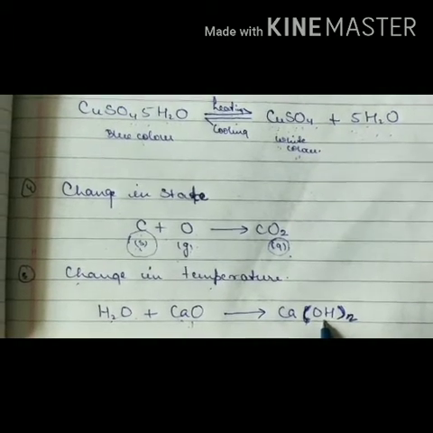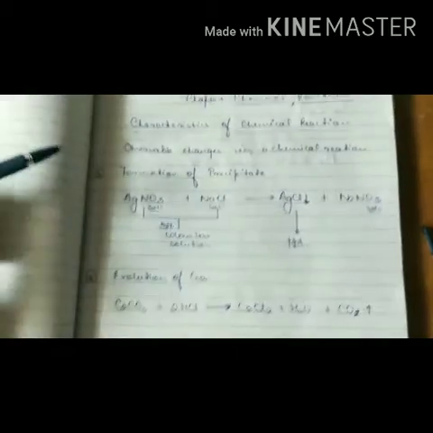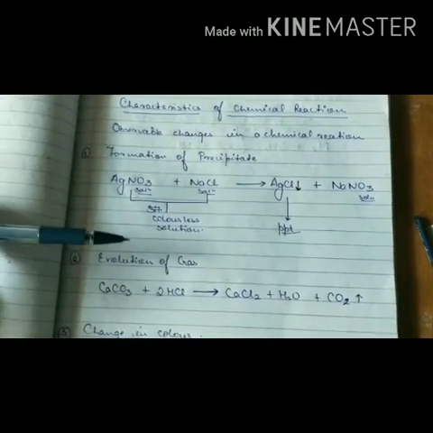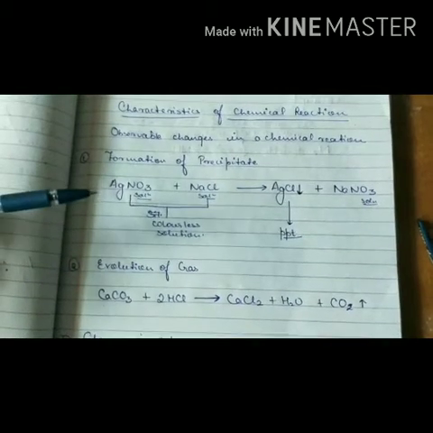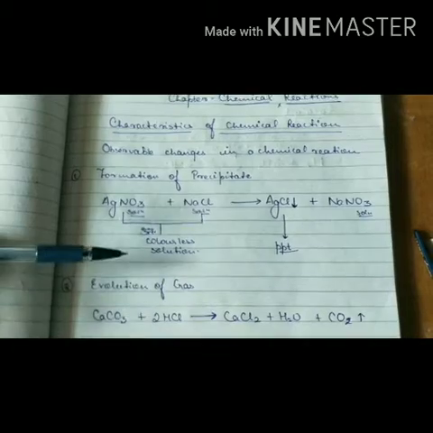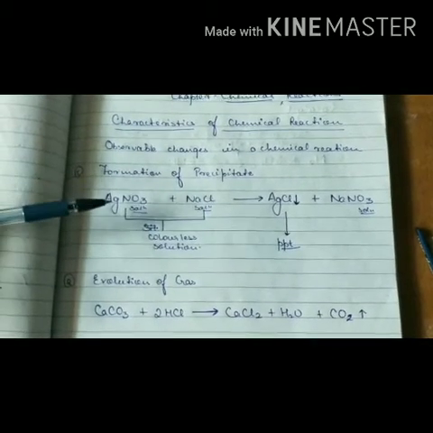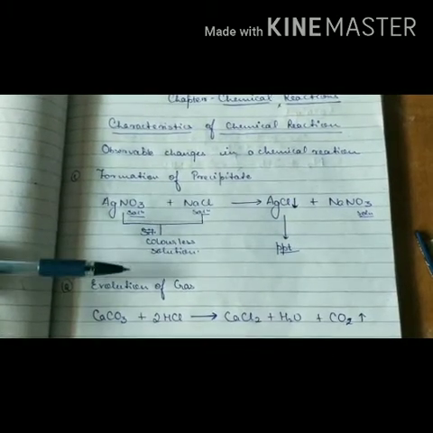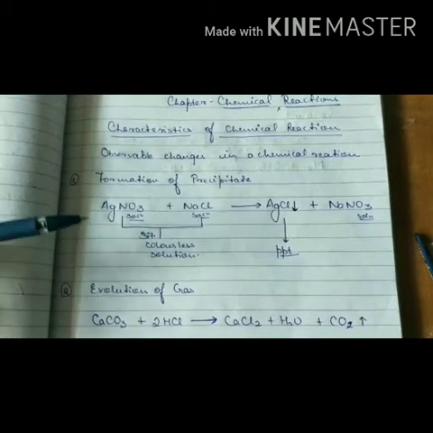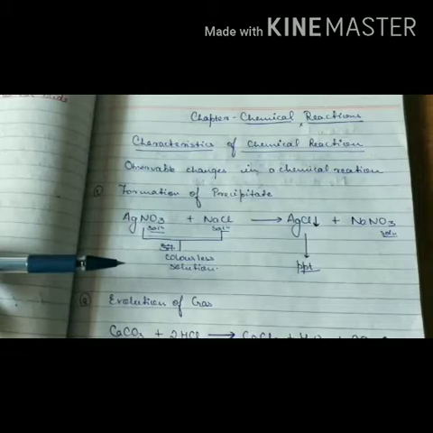Students, these are the changes which you can observe during a reaction. It is not necessary that in each and every reaction you observe all these changes, but in different reactions you can see these types of changes, and these changes are known as the characteristics of a chemical reaction.